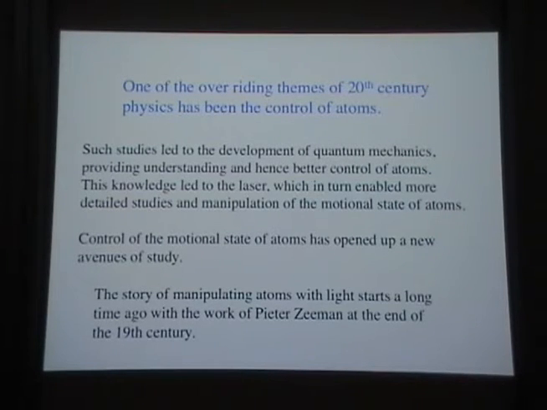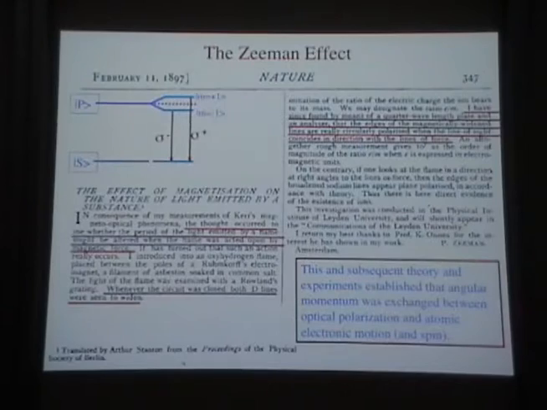So let me take a quick step back in history and start at the beginning. Let's start with the work of Zeeman back in the late 19th century. Zeeman discovered that if he took an atom and put it in a magnetic field, and looked at the D line of the atom, the light coming out of the atoms, he saw a broadening of it.